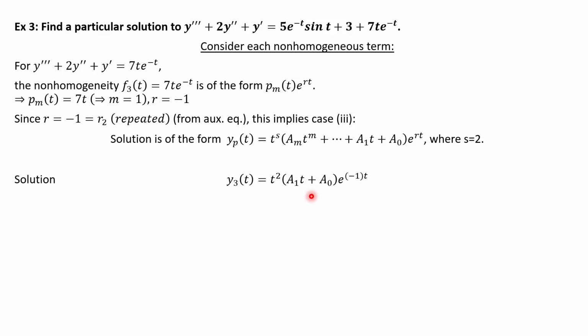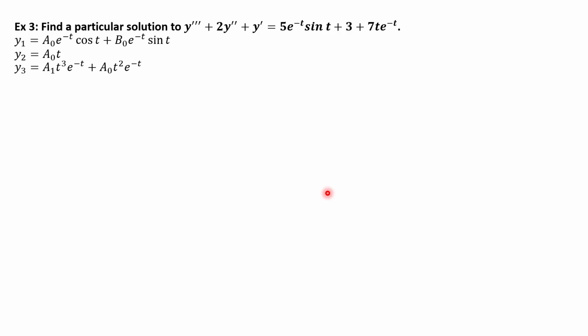Okay, so then we fill in our values. s is 2, m was 1, and then r was -1. And so y3 equals a1 t cubed e to the negative t plus a0 t squared e to the negative t.